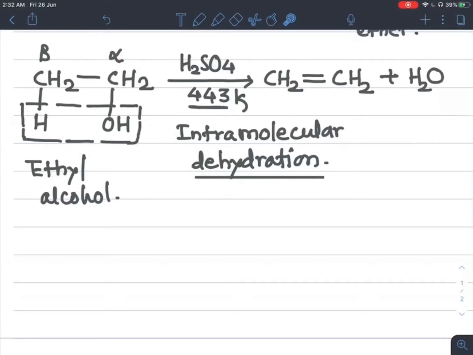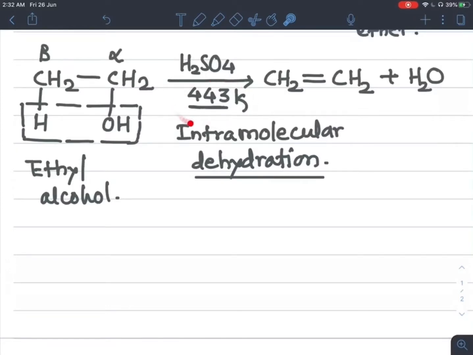It is also called alpha beta elimination, means from alpha OH is removed, from beta H is removed, and finally H2O is removed.